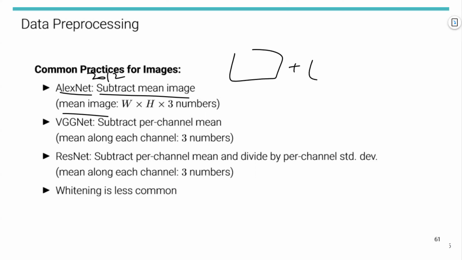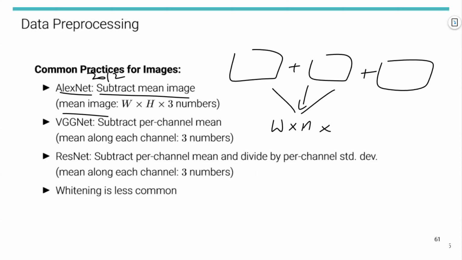It adds up all the training images in an element-wise manner, and then comes up with a mean image having the same dimension, W by H by 3. And VGGNet calculated the mean along each channel and subtracted the per-channel mean, so it has only 3 numbers.